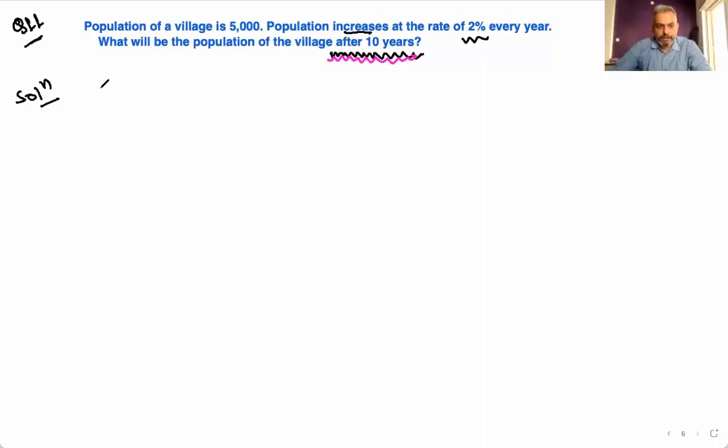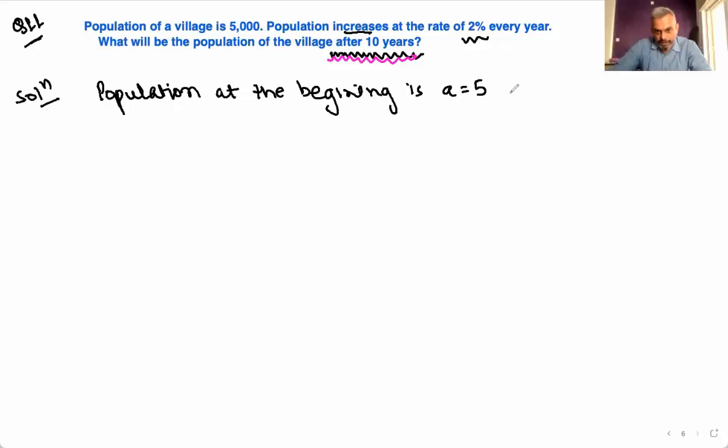Population at the beginning is A is equal to 5,000.